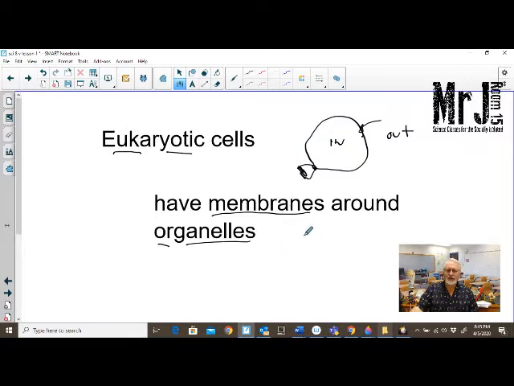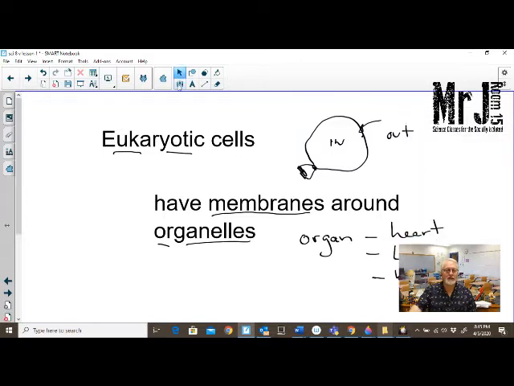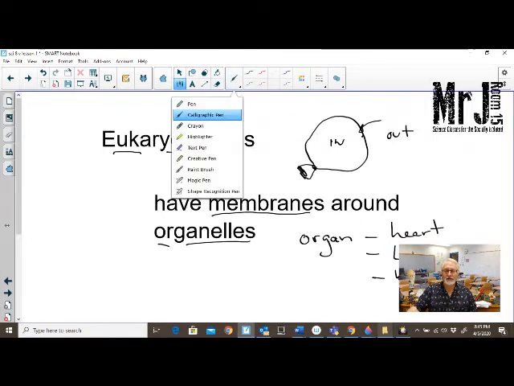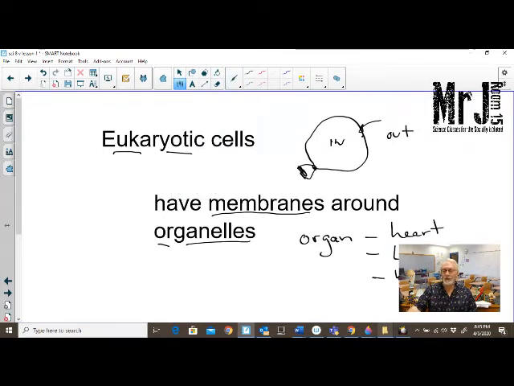Now, if you think of the word organelles, it's much like the word organ. Your body consists of organs. You've got a heart, and a liver, and kidneys, and so on. These are distinct items within your body.